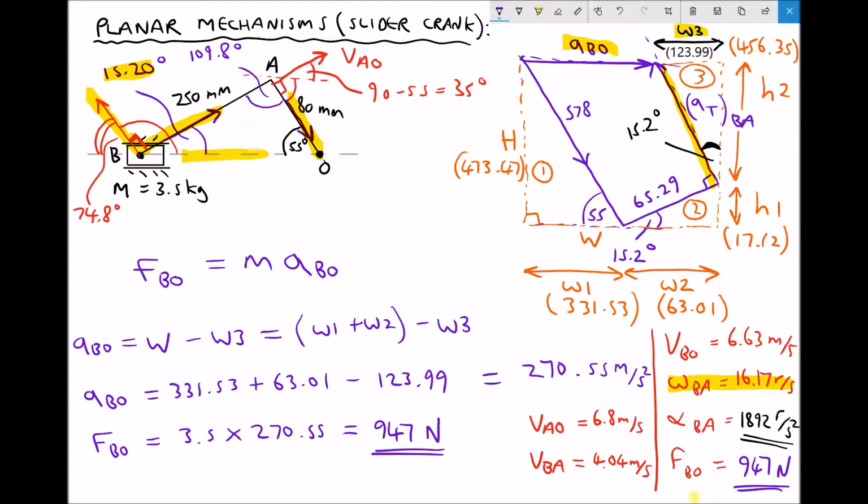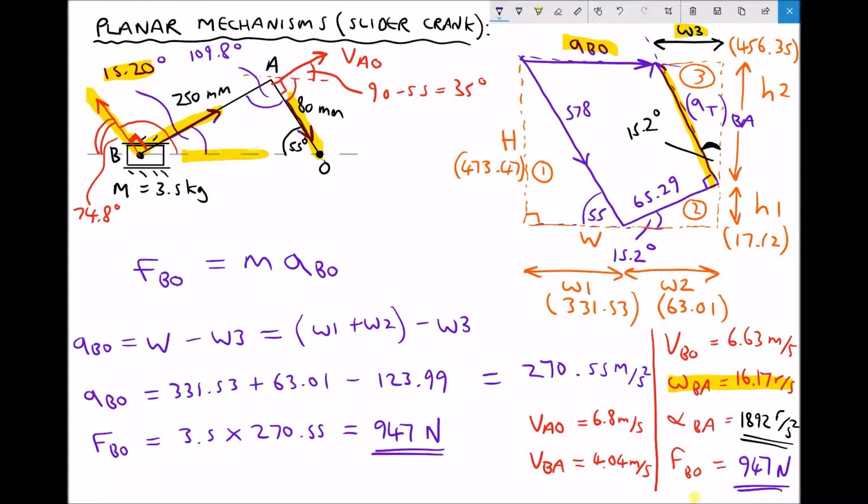completes our calculations. Now, I appreciate that there's a lot of steps involved there, but we do have alternatives. We can use the scale drawing method in order to determine our unknown velocities and unknown accelerations, or we can use the trigonometric method. And although both methods are quite complex, they actually only really rely on a couple of basic principles.